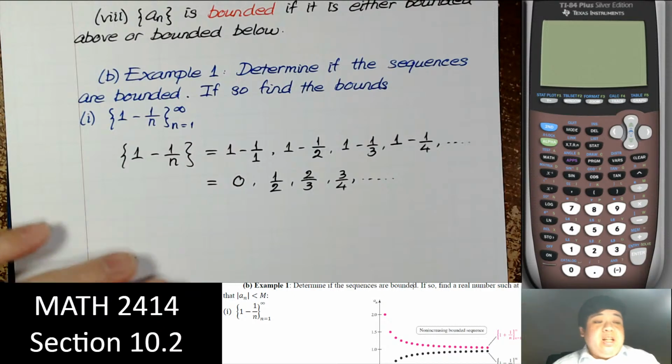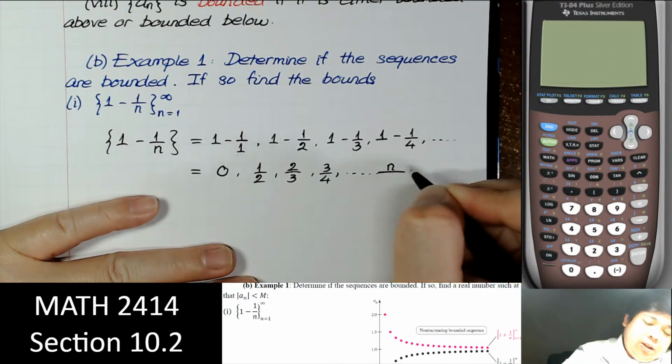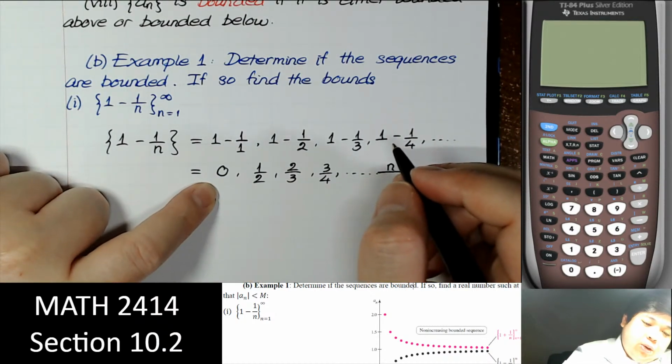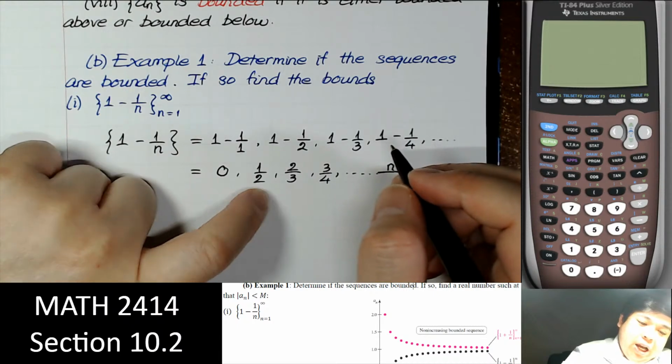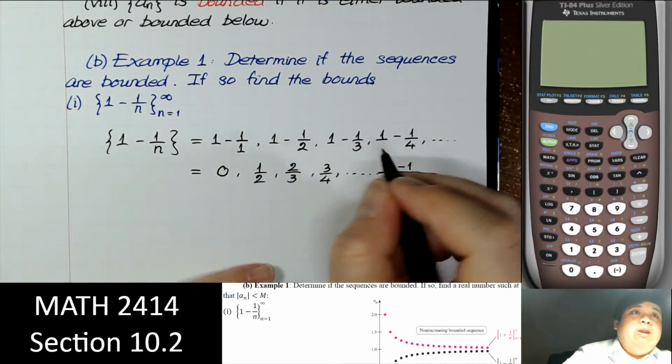If this pattern continues, looks like we go to n minus 1 over n.